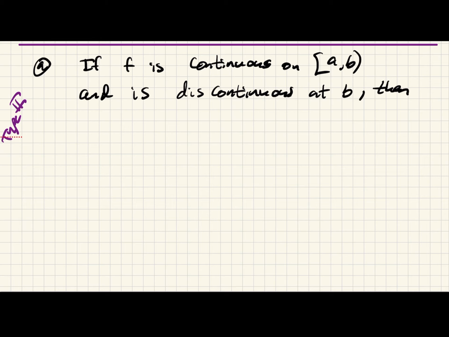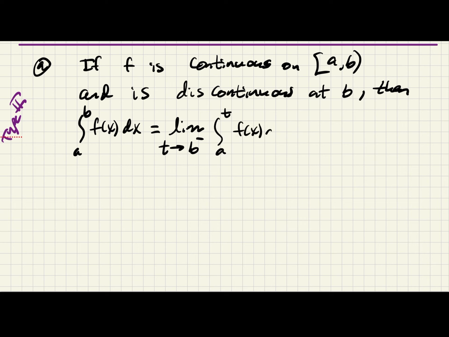It's not even continuous at b. It's discontinuous at b. Then the integral from a to b, and that's weird, even talking about an integral from a to b where we have a discontinuity at one of the limits, the integral from a to b of f of x dx is equal to the limit as t goes to b from the left, integral a to t, f of x dx.